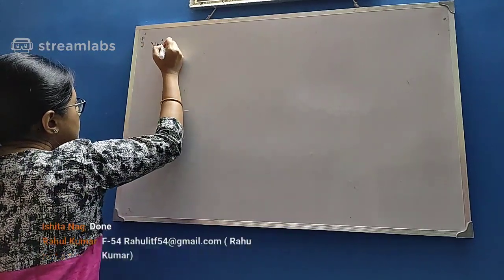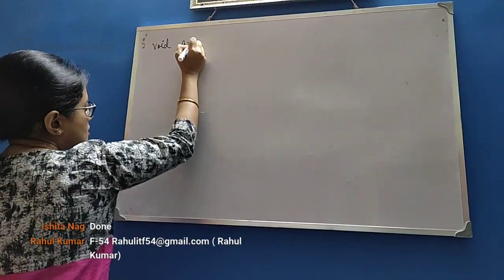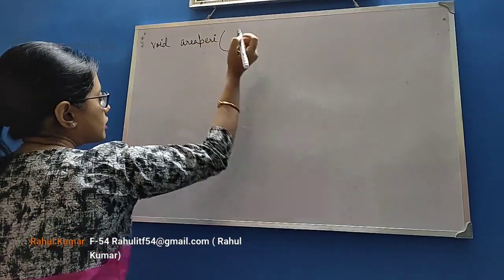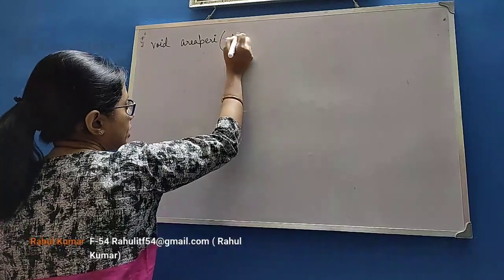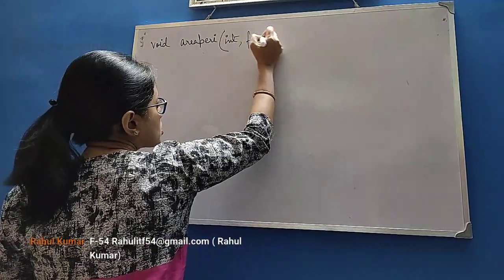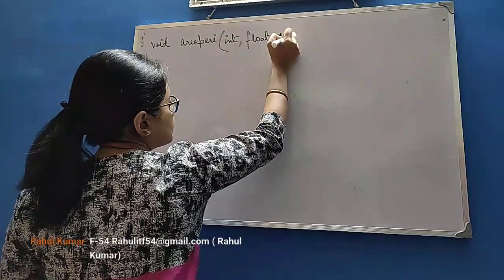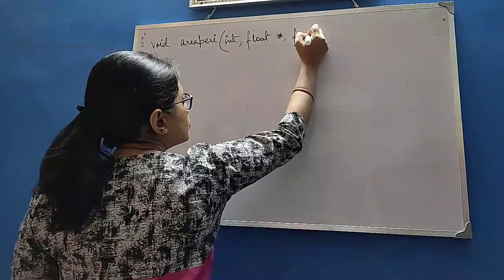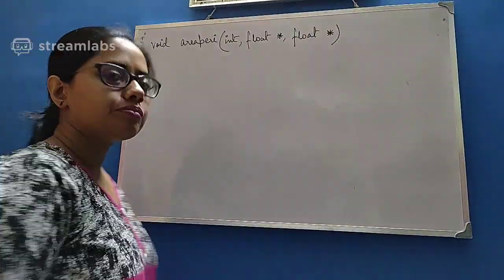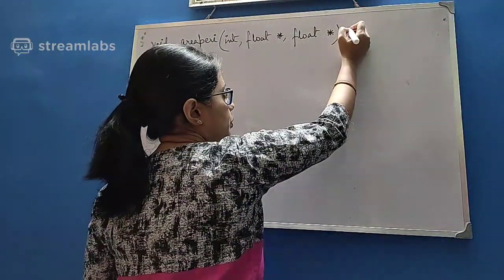Void, say I name the function as area peri, because that is what this function is doing, and I'm sending int, float star and float star. Right? So this is my prototype.